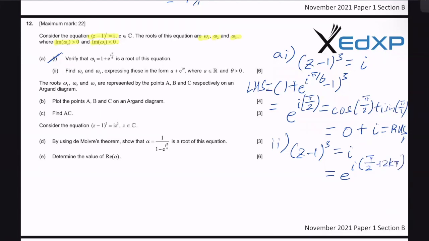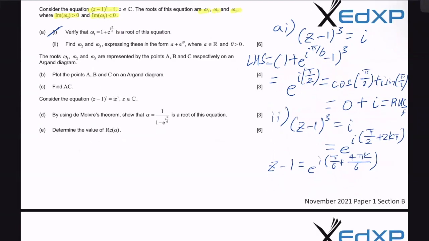We want to find all the roots, so we add this 2kπ. Then we can power a third to both sides. So z - 1 will remain on the left, and we get e^(i(π/6 + 4πk/6)). This is De Moivre's theorem, and this is our general solution.